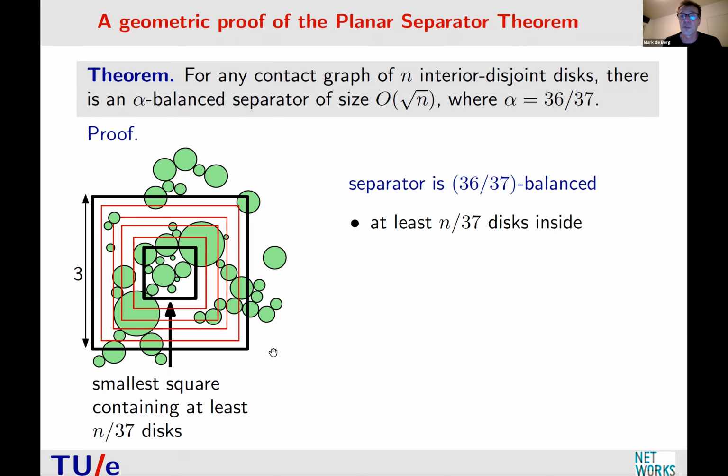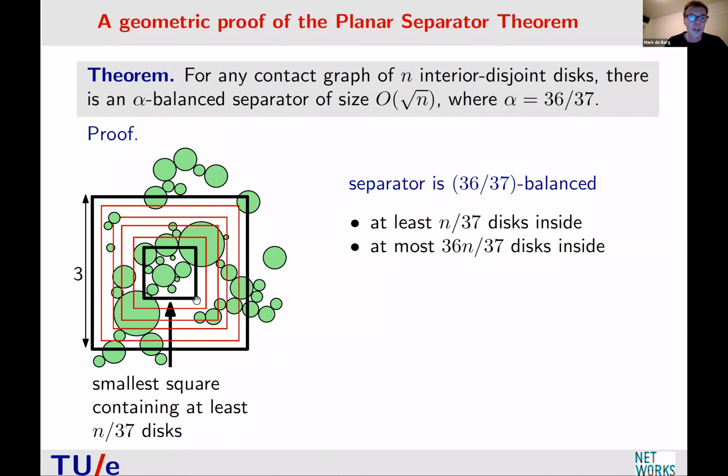Okay, so that means that obviously I have at most 36/37 outside. Okay, so that's good. I cannot have too many things outside, but how many things inside can I have?